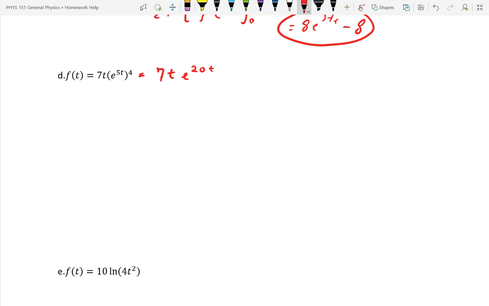Okay. 7t to the 20t. So now I need to do the integral of that. And the only way to do this integral is by using integration by parts.